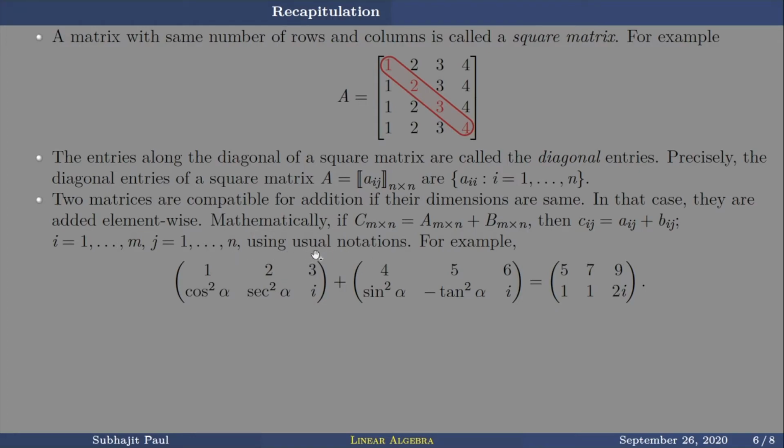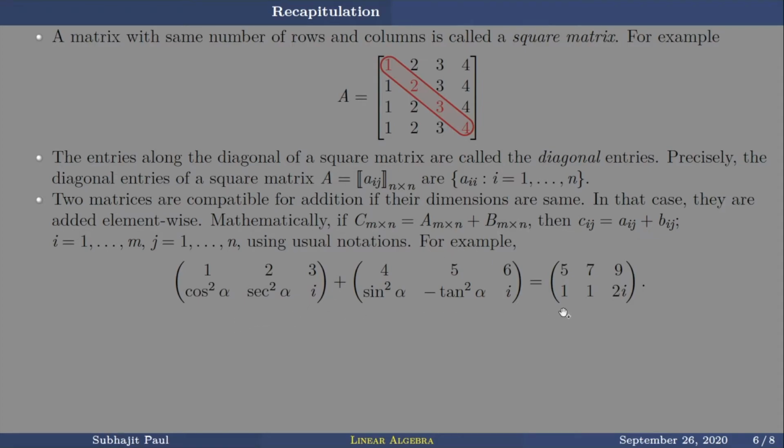Why did I write this usual notation? Because of this one: A equals Aij, this element-wise notation. I did not mention it at this point. Fine, so this is the definition of addition.